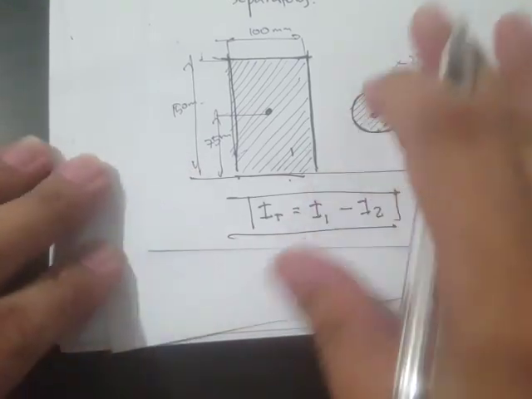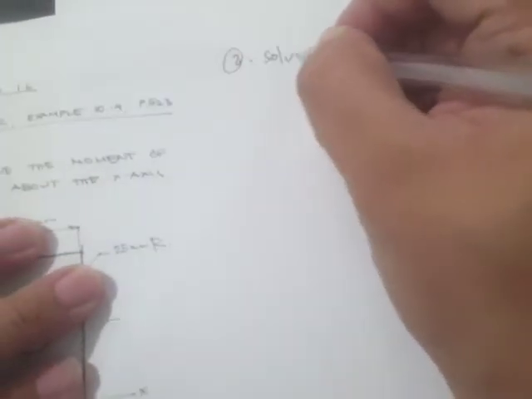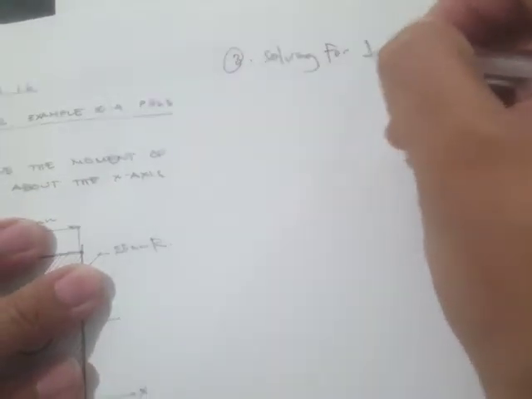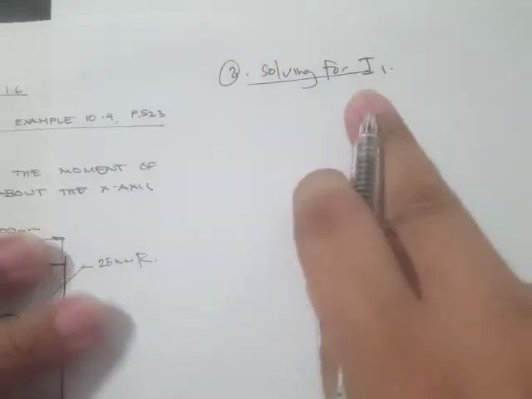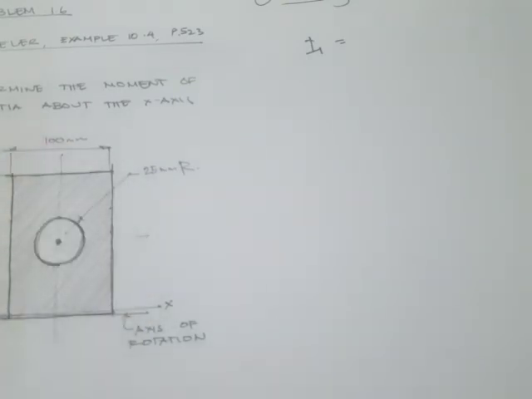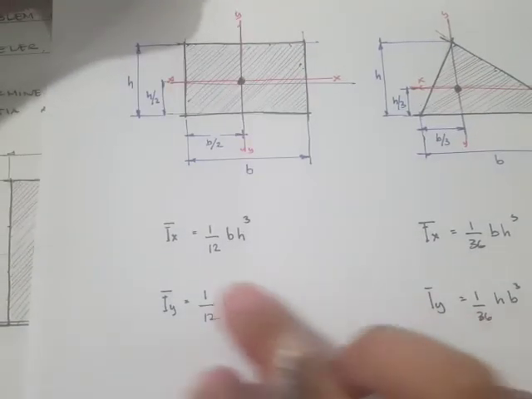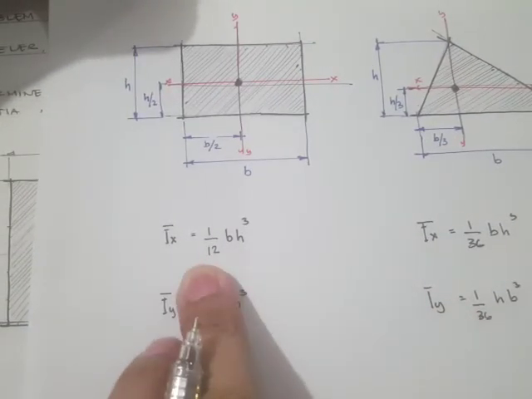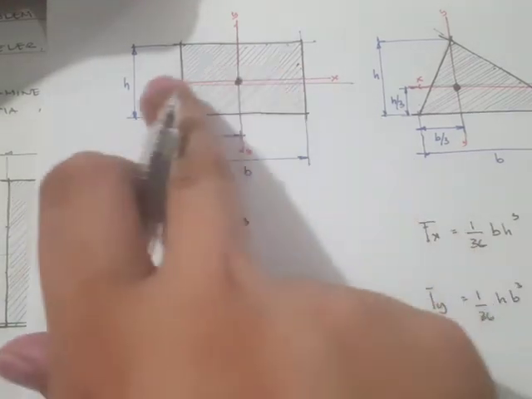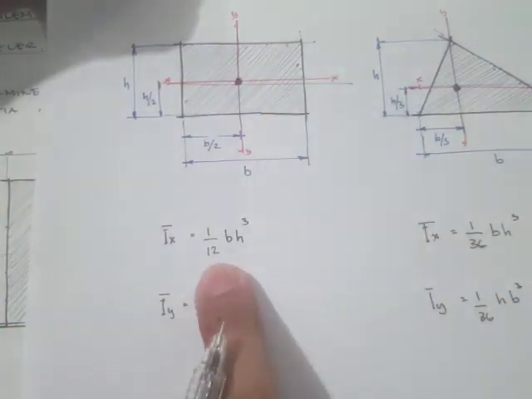Now let's solve for I sub 1. You would notice here that the given formula is from the centroid. So if we take the axis of rotation along the centroid, this will be the formula.